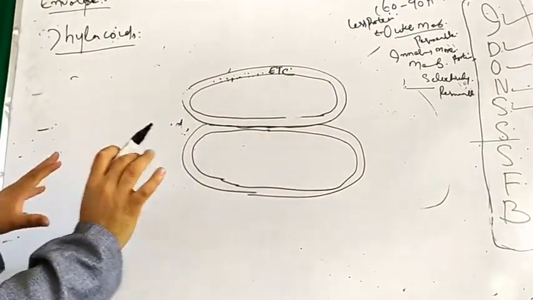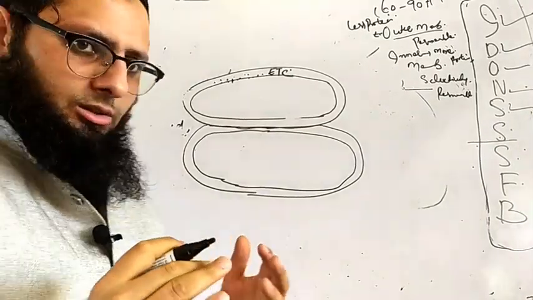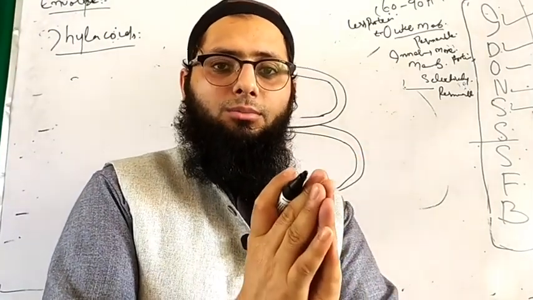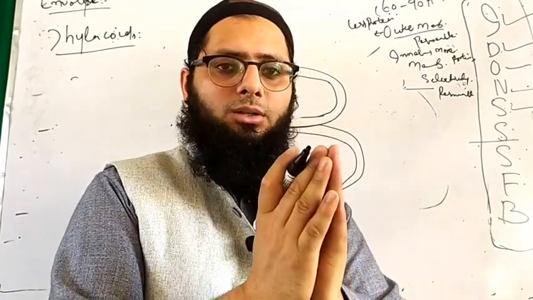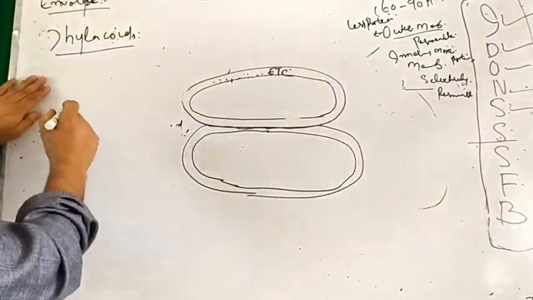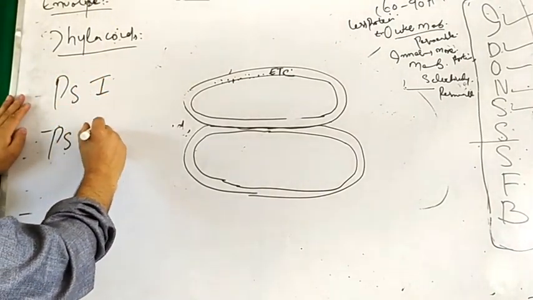So don't be confused. These photosynthetic units, these pigment molecules which are present there, they form two types of photosystems to trap the solar energy. We have photosystem 1 and photosystem 2.